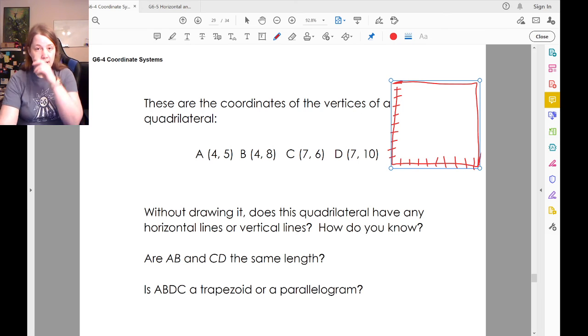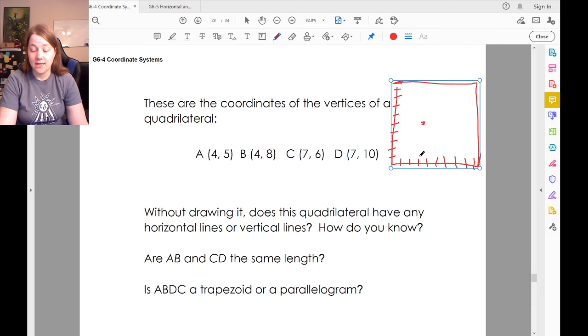So letter A, and this is going to be rough, and I apologize in advance. Letter A would be 4, 5. Run 4, 1, 2, 3, 4, jump 5. 1, 2, 3, 4, 5. So there would be your point A, and I would label it if I had the room.